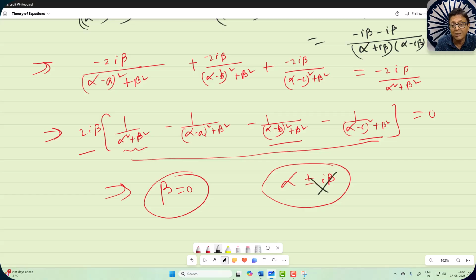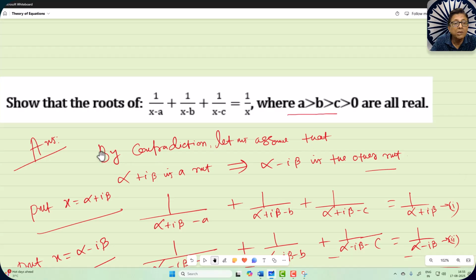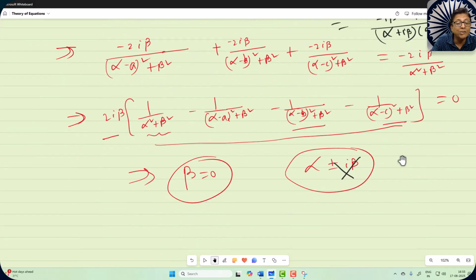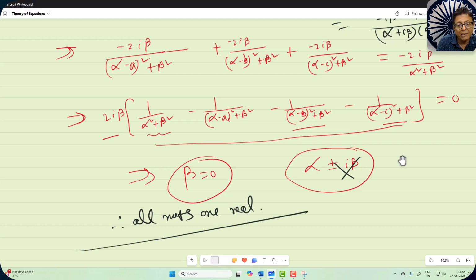So roots cannot be imaginary over there. None of the roots can be imaginary, because if imaginary, they would have occurred in pairs. They don't occur in pairs. We have assumed alpha plus I beta and alpha minus I beta both are roots, but they are giving beta equal to 0. This will ensure that all roots of the given equation are real.